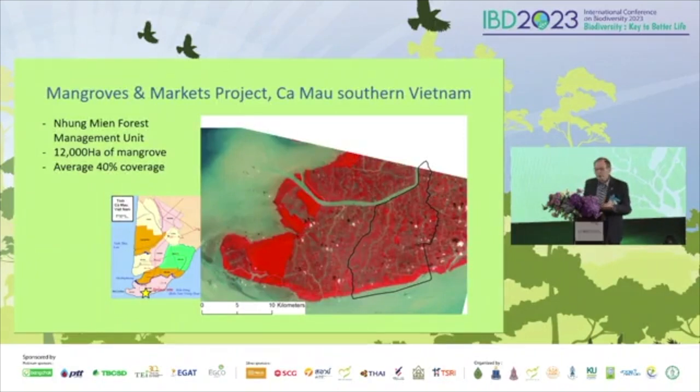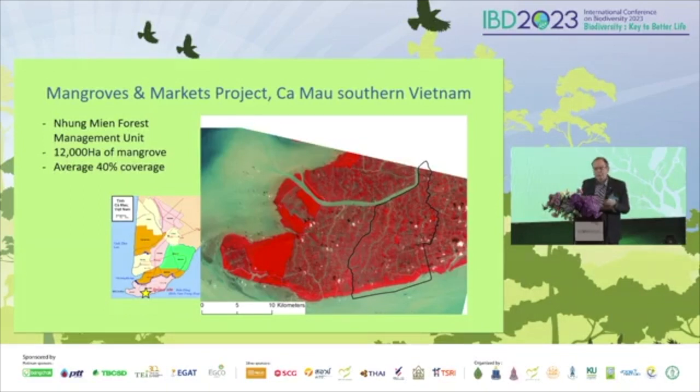The example I want to give you of successful PES comes from southern Vietnam. The very southernmost province there in red is Cà Mau, and there are several other southern provinces, all of which had in the past huge mangrove areas. They were mainly part of the Mekong Delta, and mangrove dominated the entire coastal area of these southern provinces.